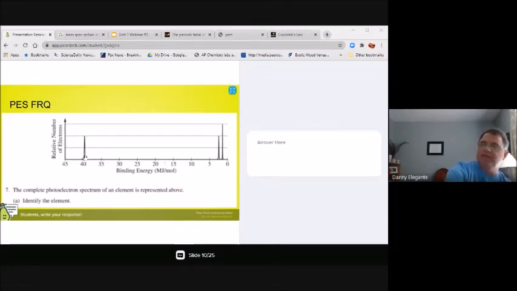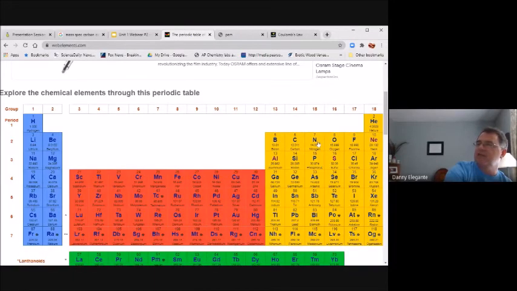So the way you read this is there's 2 in the 1s, and that's the first peak. There's 2 in the 2s, that's 2 more electrons. And then this last peak tells me there's 3 electrons. So 2 plus 2 is 4, plus 3 more is 7. And then who has 7 electrons? Nitrogen. So the correct answer there was nitrogen.